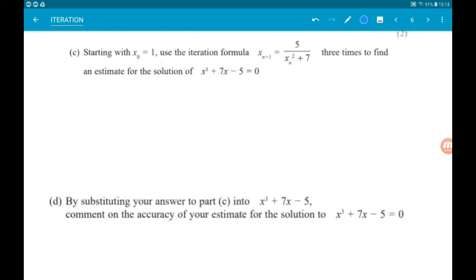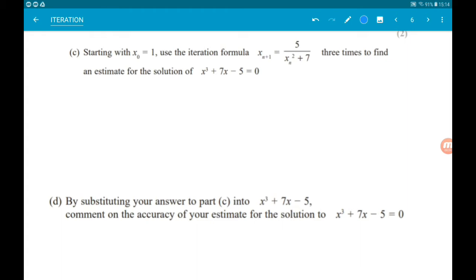Okay, then for part C, starting with x0 equals 1, use the iteration formula xn add 1 is 5 over xn squared add 7, 3 times to find an estimate for the solution of x cubed add 7x minus 5 equals 0.